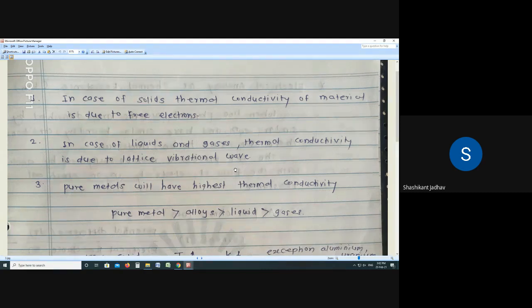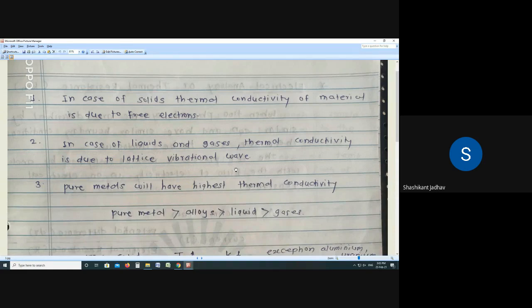We know solids have higher thermal conductivity than liquids and gases, and in solids, pure metal has a maximum number of free electrons compared to alloys. So pure metal has higher thermal conductivity than alloys.